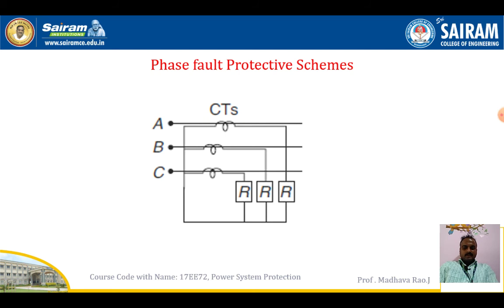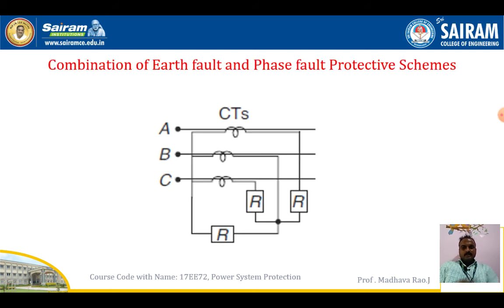Next one, the combination of earth fault and phase fault protective schemes. The figure shows the combination of earth fault and phase fault. Here two phases have two relays, and one more relay is the combination of two phases, and also the relay is connected to another phase.